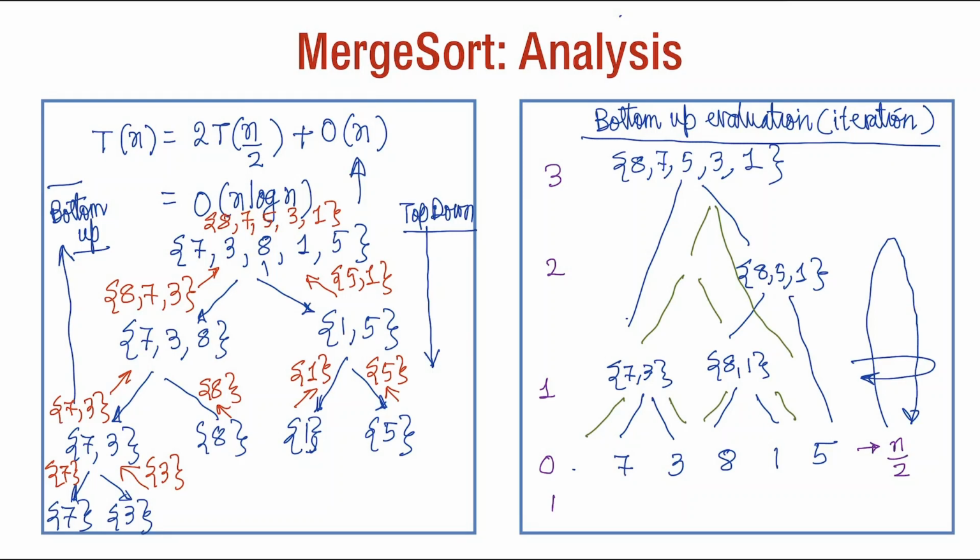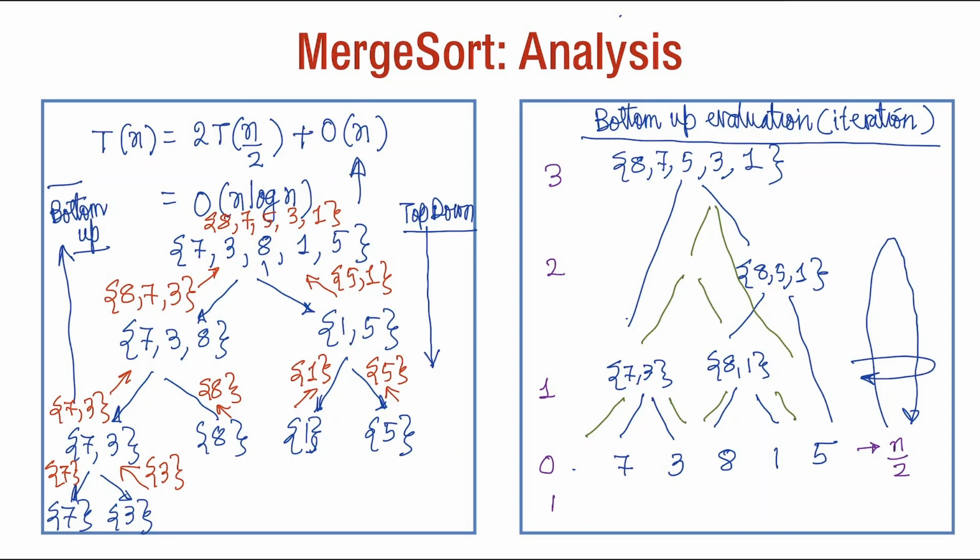methods where the elements will be merged 2 at a time, 2 elements 1 at a time in level 0, then half the number of pairs, that means 2 such elements, but each having 2 such components, will be merged, and so on and so forth. So you can write an iterative loop.